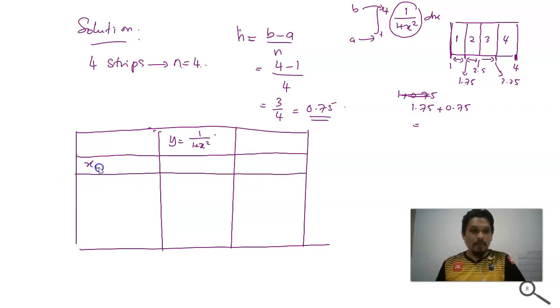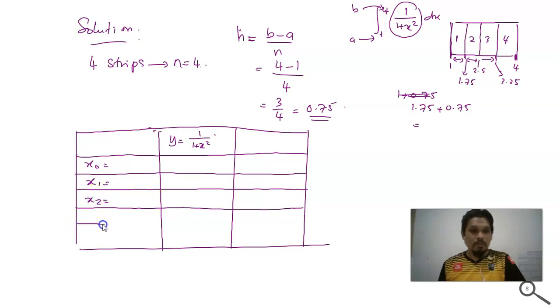This is for x naught, x1, x2, x3, and x4. So it means that I need to add another column here.